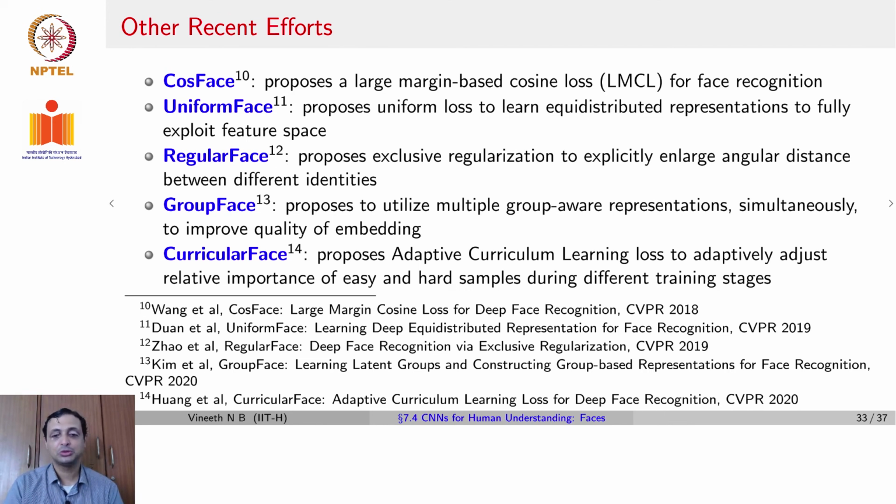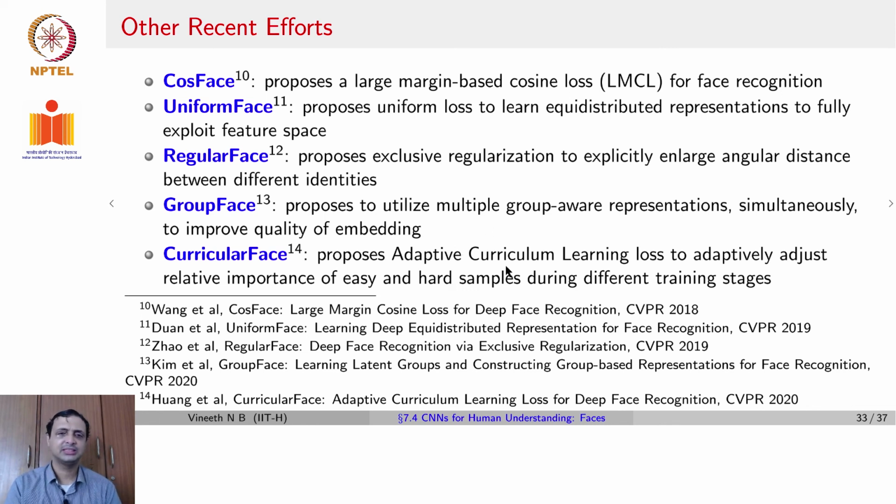Regular Face, proposed in 2019 again, proposes an exclusive regularization to explicitly enlarge angular distance between different entities. Group Face, which was very recently proposed in 2020, uses multiple group-aware representations to improve the quality of the embedding. Curricular Face, which was again a recent work in 2020, proposes adaptive curriculum learning to adjust the relative importance of easy and hard samples in different training stages.